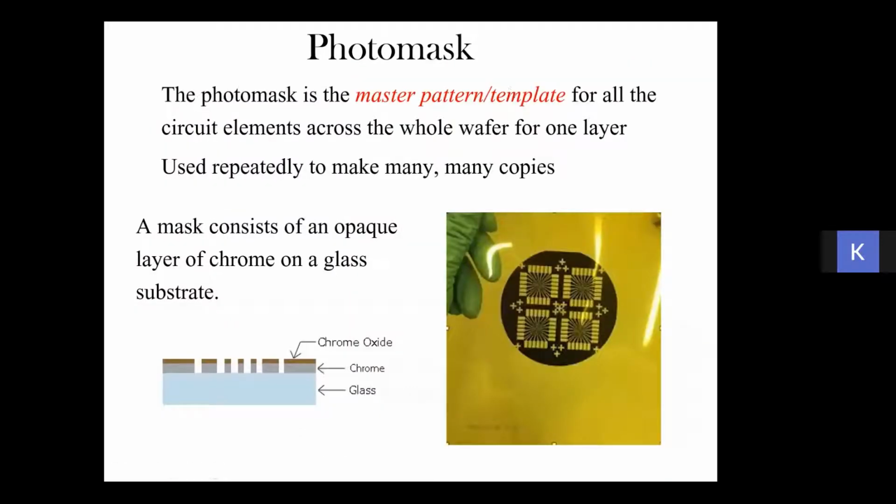Okay. Next, what you need obviously is the design pattern. Now, that is called a photomask. That is the template through which you have to expose your resist coated wafer with the light source that you have.